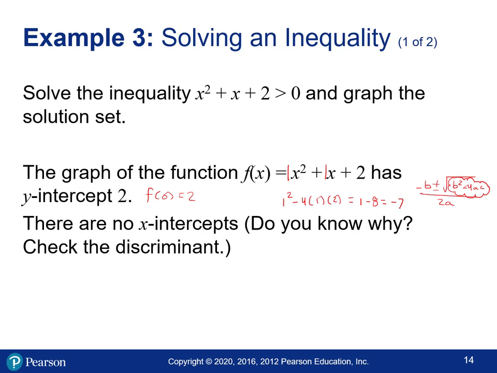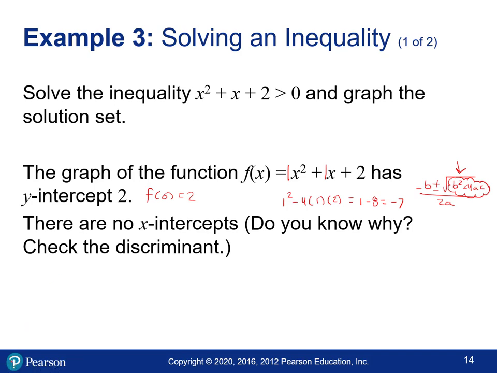And anytime the discriminant is negative, you have something negative inside of a square root, which is imaginary. So we don't actually have x-intercepts. And so you could solve the whole quadratic formula if you wanted to, but you could stop right there because at that moment you're going to have an imaginary number.